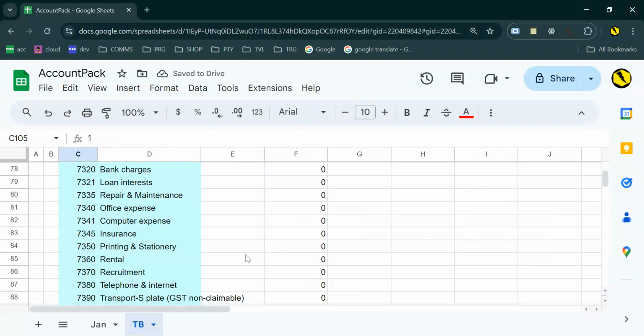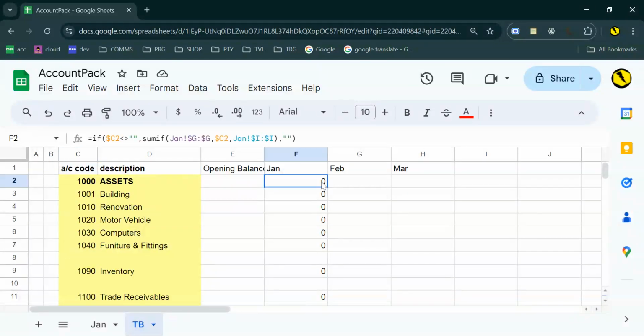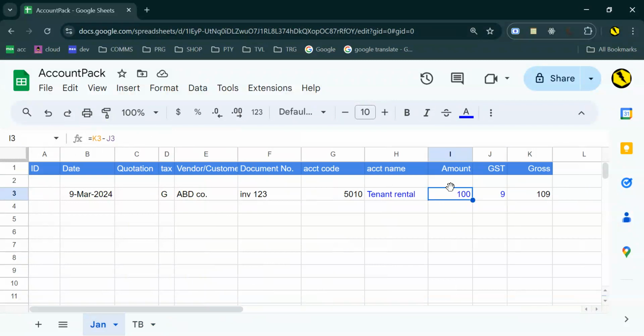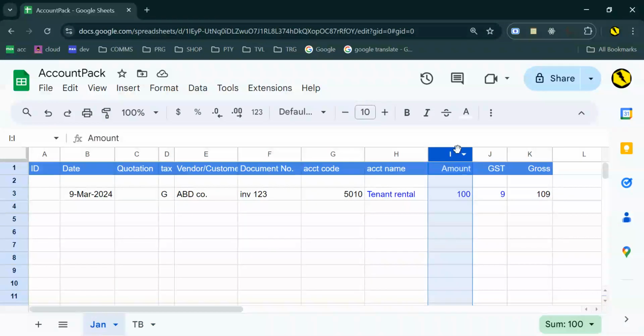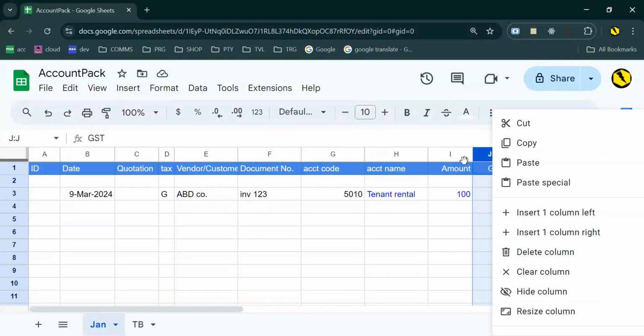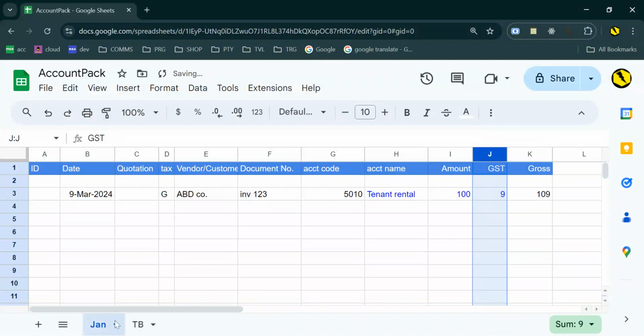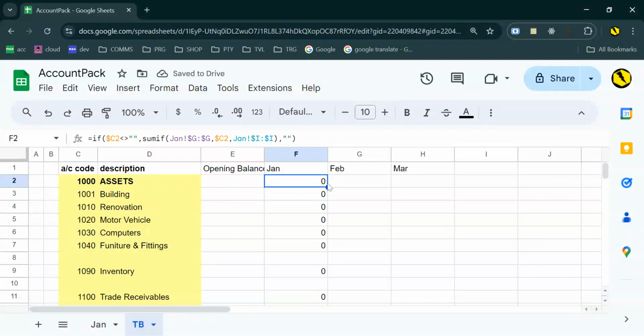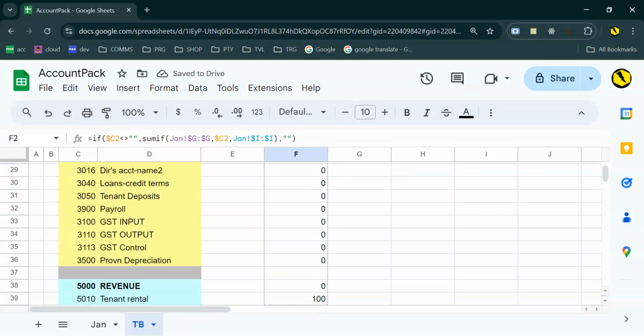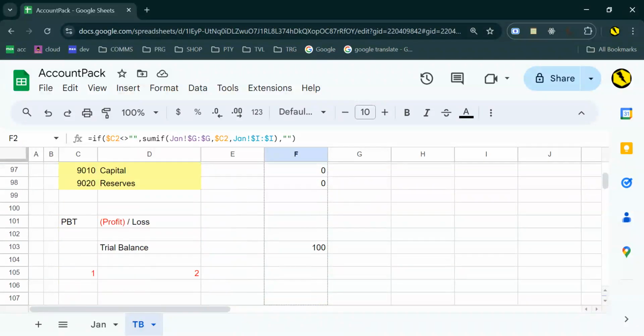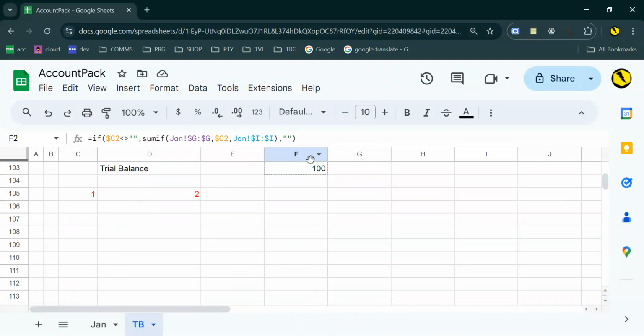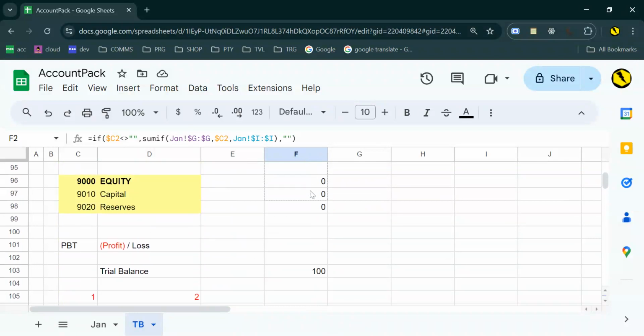And my trial balance is set to use SUMIF on column I. The trial balance is summing this one, which excludes the GST, and the range goes all the way down. Okay, up full set and has a value of 100.